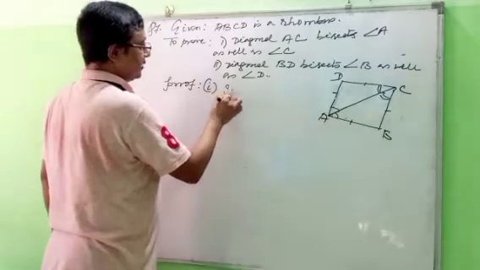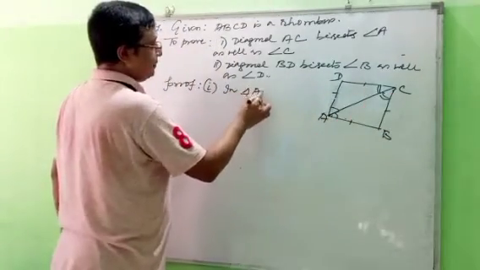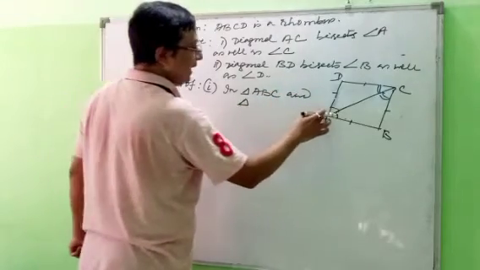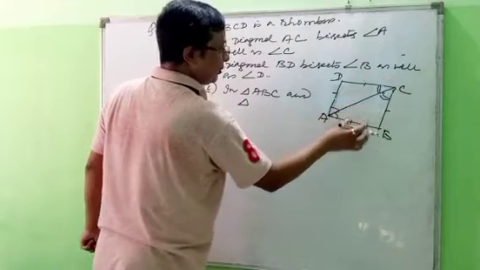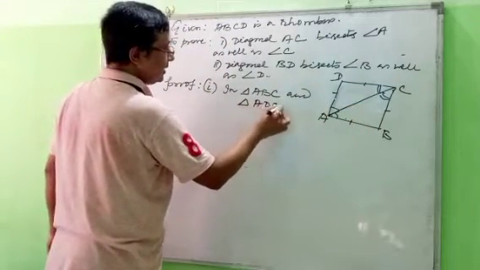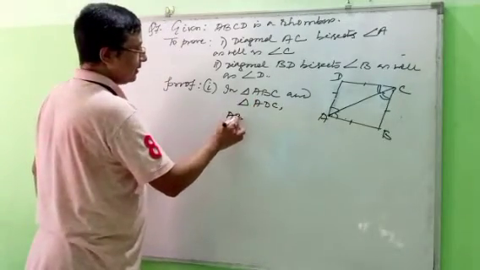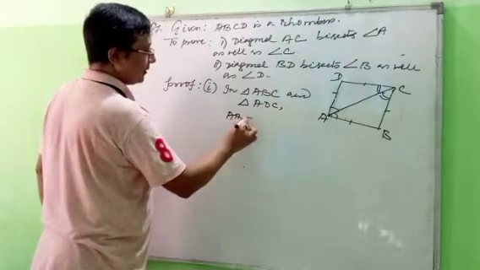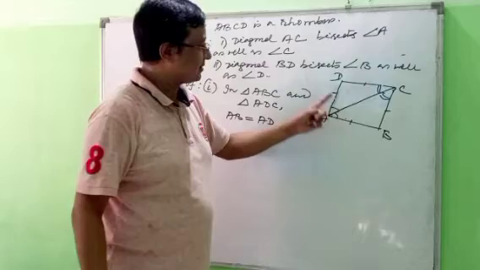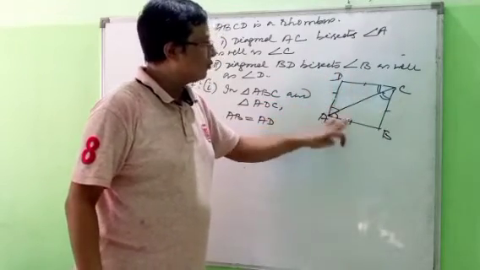Now in triangle ABC and triangle ADC, AB equals AD, sides of the rhombus, because the figure is a rhombus where all the sides are equal.